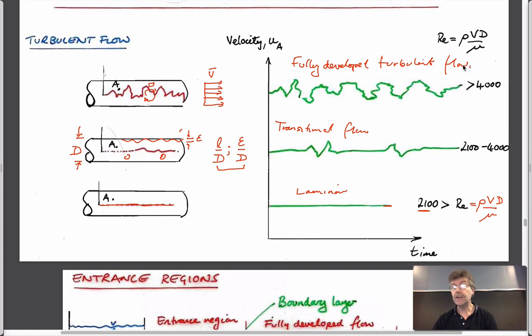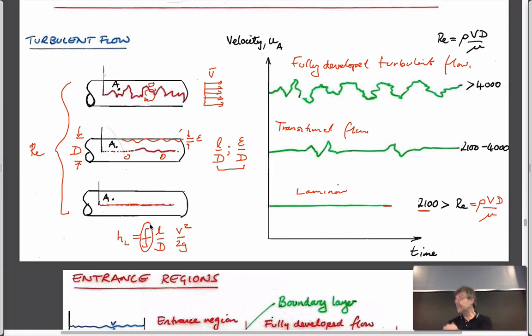When we characterize the behaviors of these systems, in addition to using Reynolds numbers, the pressure drop on our system, the head loss that we've talked about, is going to be a function of the velocity squared term, how long the pipe is relative to its diameter, and then this important parameter that we're going to spend some time talking about today, the friction factor, and trying to understand that.